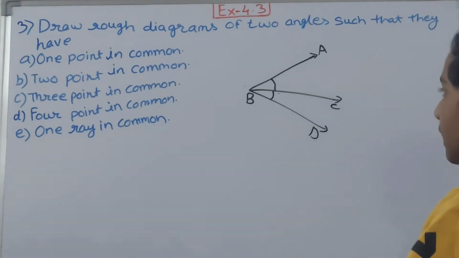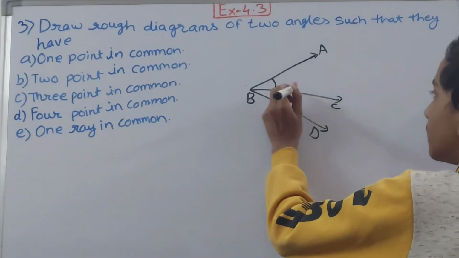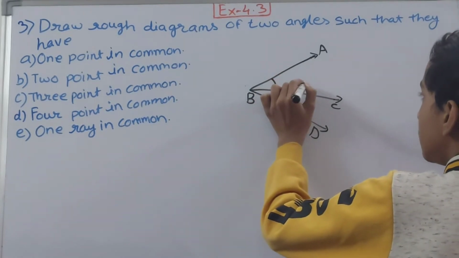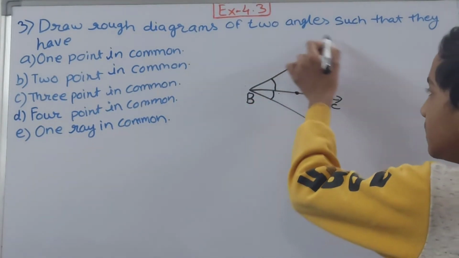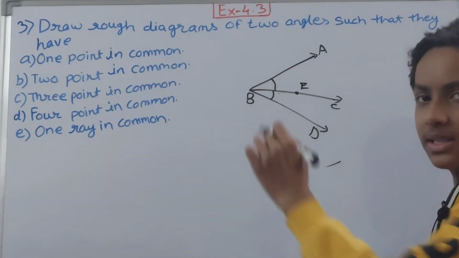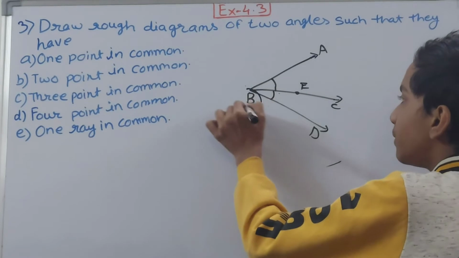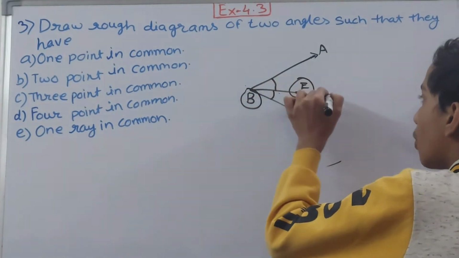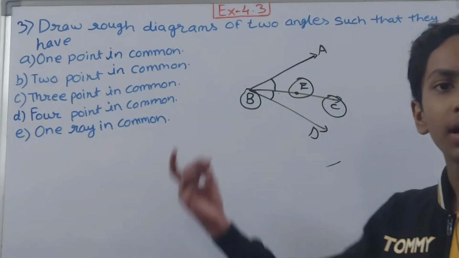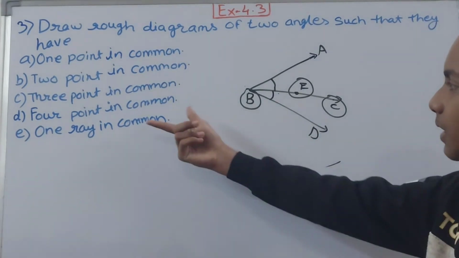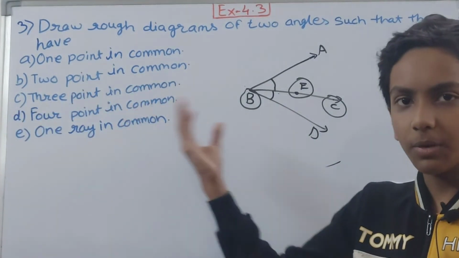So what if I write this point in the middle? Let us call this point E. Now if you see, these are the two angles which are making up, and in this, point B is common, point E is common, and point C is common. All these 3 points are common, so that means we have found our answer to the 3 points in common one.